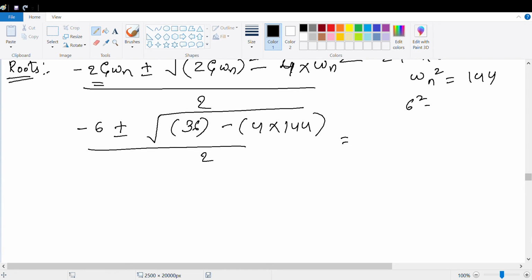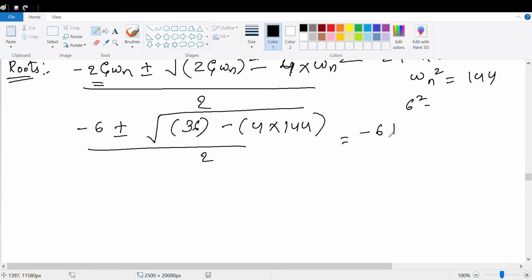Using the calculator, 36 minus 4 into 144 is minus 540.